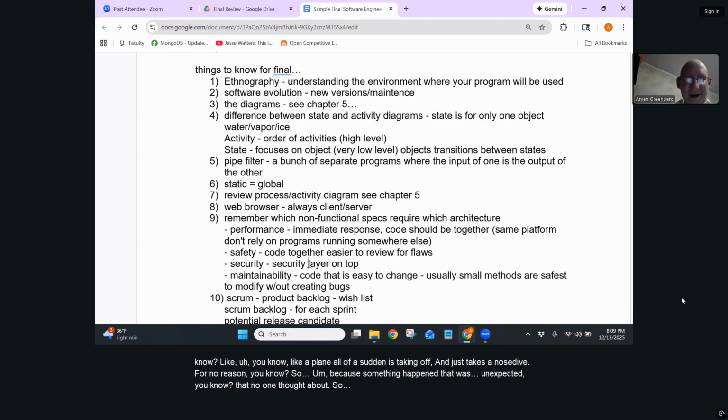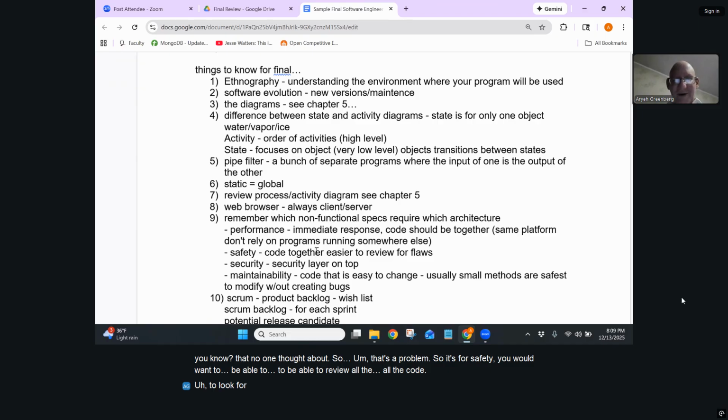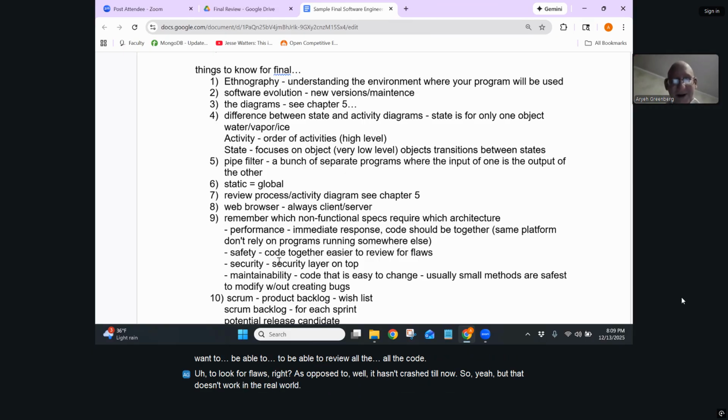So that's the problem. For safety, you would want to be able to review all the code to look for flaws, as opposed to saying, well, it hasn't crashed till now, which doesn't work in the real world where things change. And a pacemaker would be a big example.